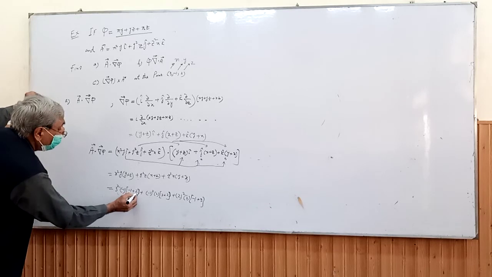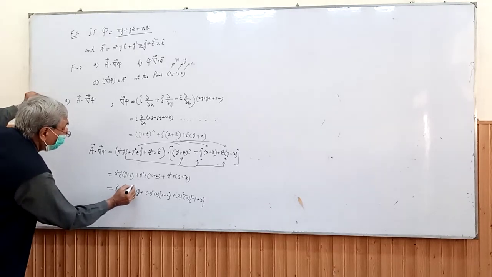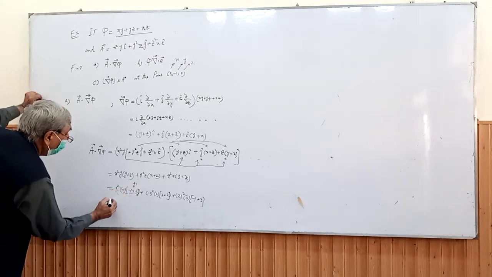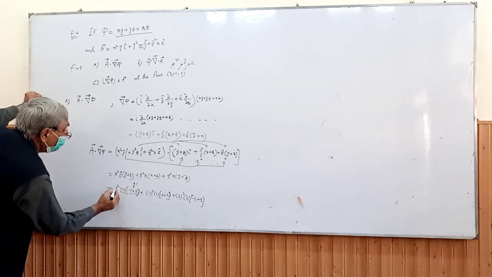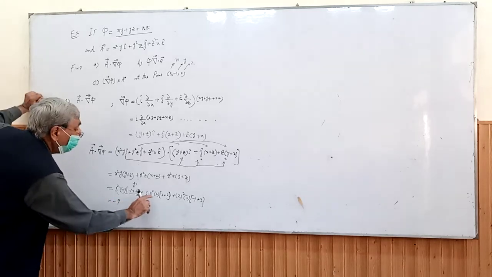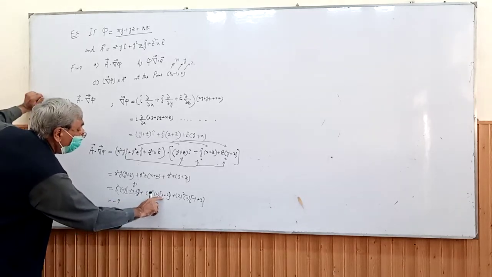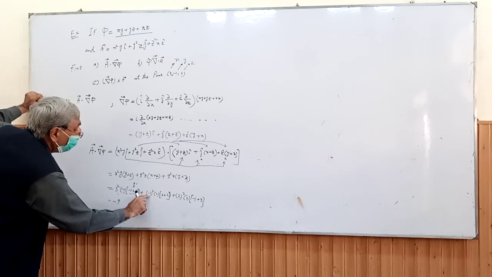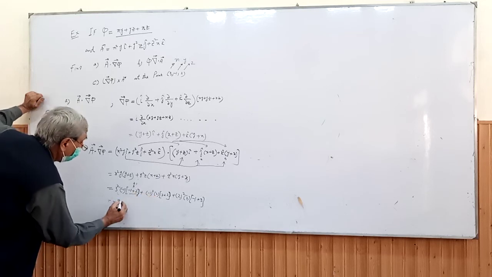Calculate it. This is 1. It is 1 from here, minus 1, and 3 square is 9. So minus 9 from here. Then 2 plus 3 is 5, 10, minus 1 square is 1, so plus 10.